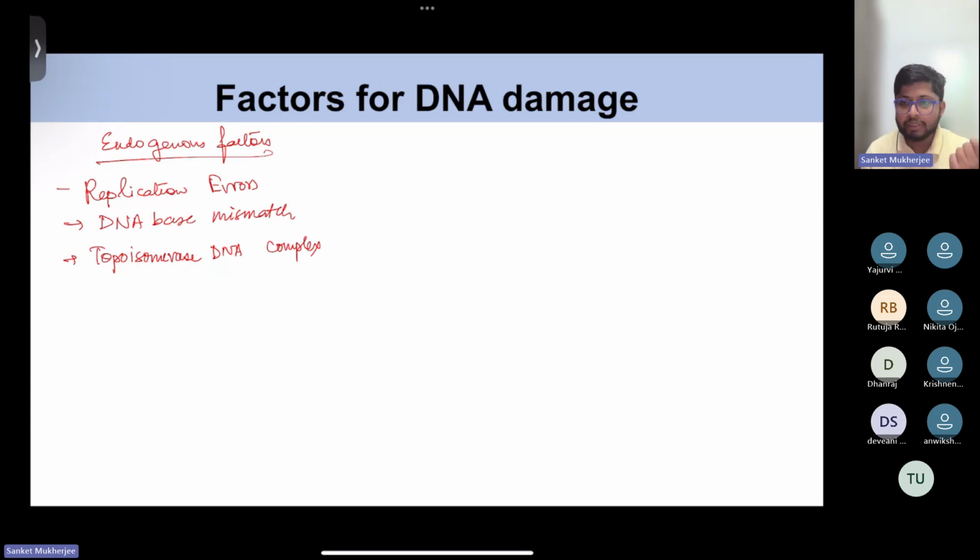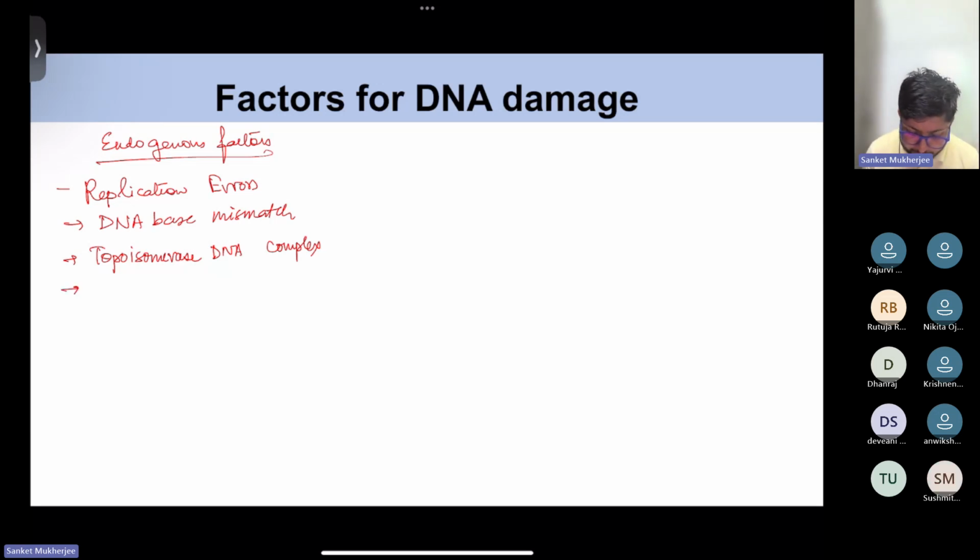If you remember, DNA, whether in prokaryotes or eukaryotes, is in a highly compact, supercoiled structure. These enzymes help in unwinding the DNA so that the proteins for replication and transcription can access it for further processing. There could be some damages or errors in this process as well.